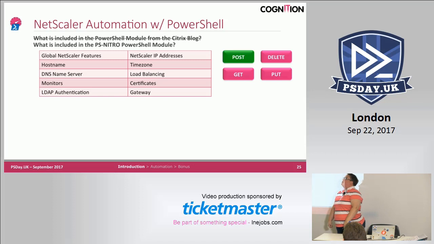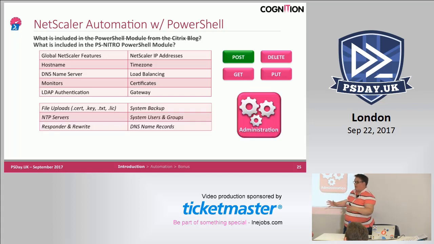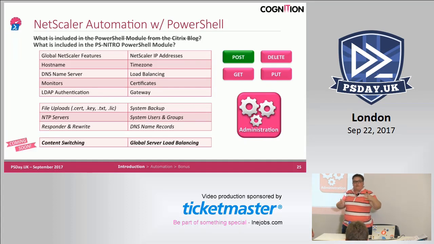So as I have tons of time to spare, I decided to add some more functions to it, making sure that I have a full administrative module for my NetScaler in this case. And I'm building and building and building on it.